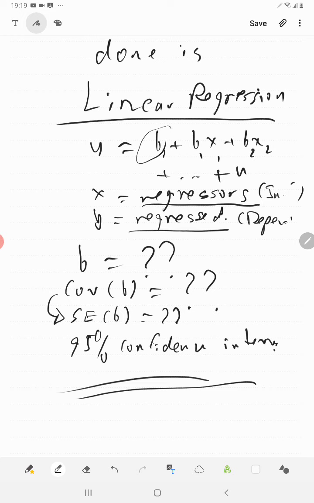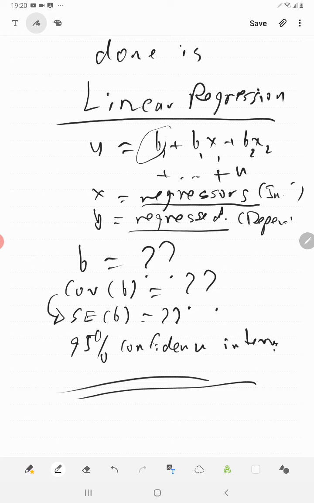Okay. So the curve fitting using linear regression is very important, and it's used everywhere in practice, in engineering, in electrical, in mechanical, in medicine, in economics, in physics, in chemistry.